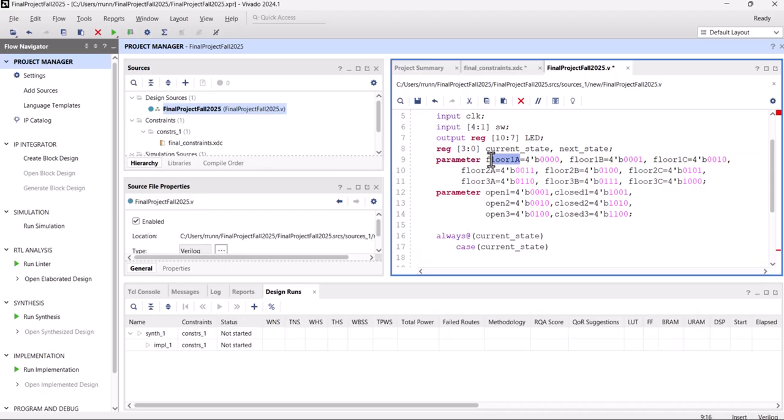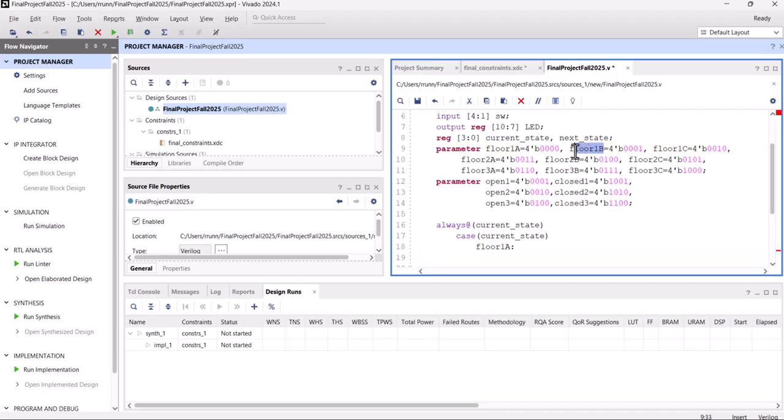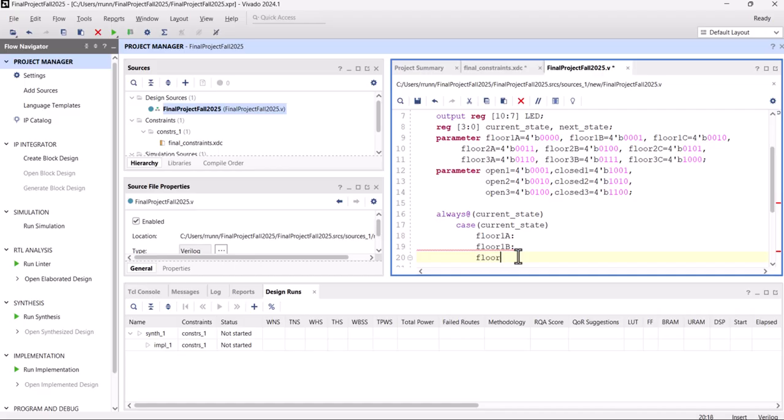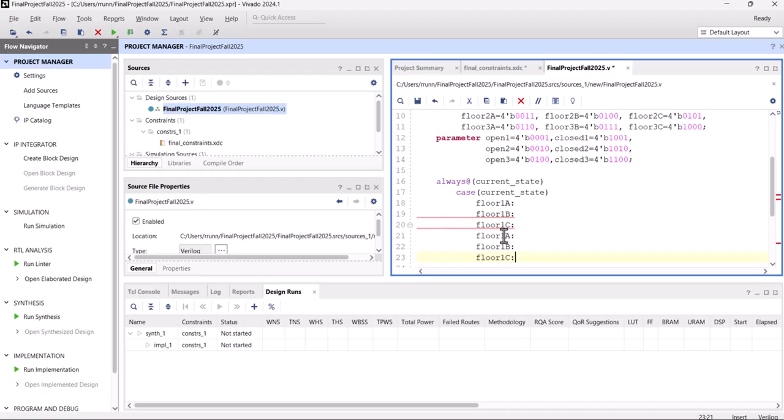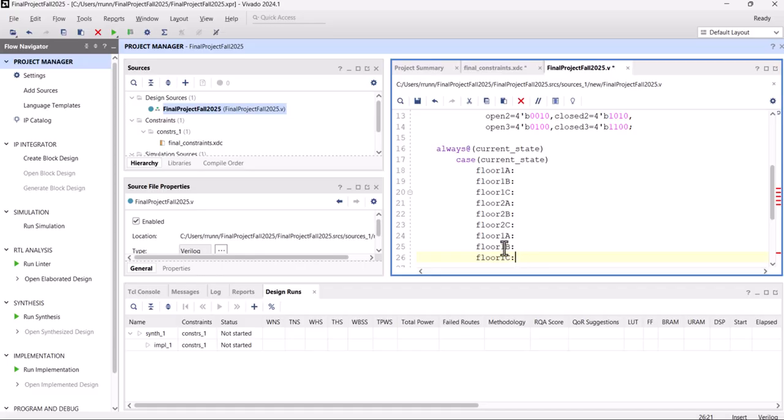So for 1A, for 1B, for 1C, for 2A, for 2B, for 2C, for 3A, for 3B, for 3C.